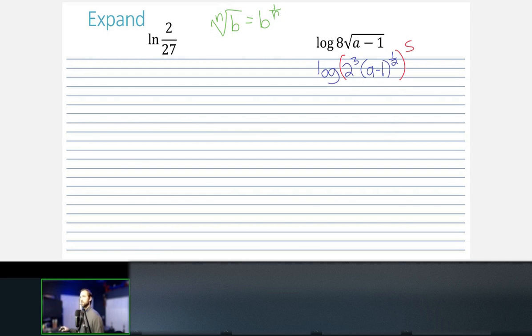Then in this situation, we are allowed to move this 5 in front of this log. But because you have log of 2 cubed times a minus 1 to the 1/2 power, the exponent isn't for the entire piece that you are logging. It does matter. Does that make sense, everyone? Everyone follow?